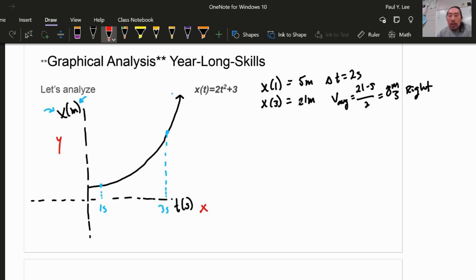So if we take a look at the average velocity formula, right, we have delta x over delta t. So change in position over change in time. Now, the change in position, this is as if we are saying the change in the y-axis over the change in the x-axis. Okay. Once again, I'm going to highlight that this is the y-axis here I'm talking about, and this x-axis is here.